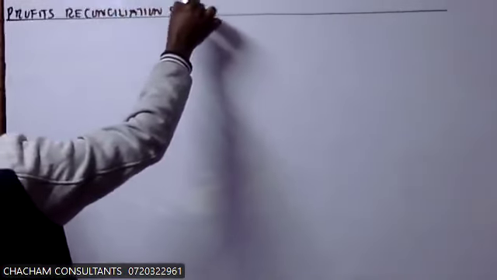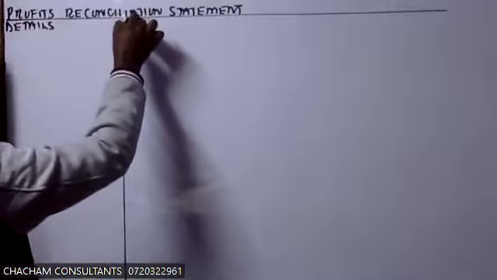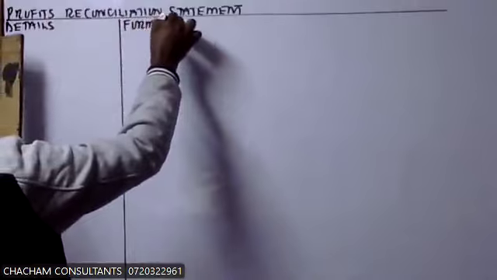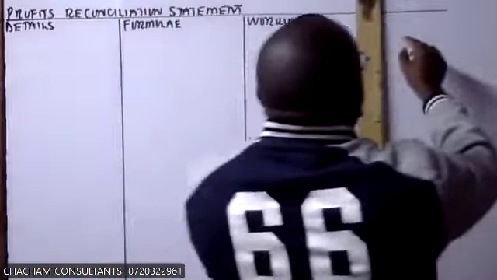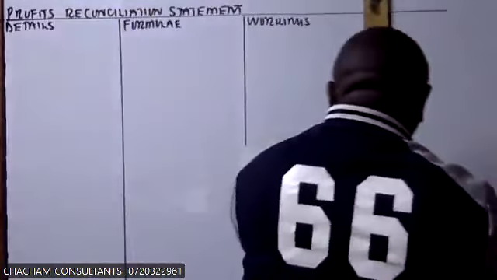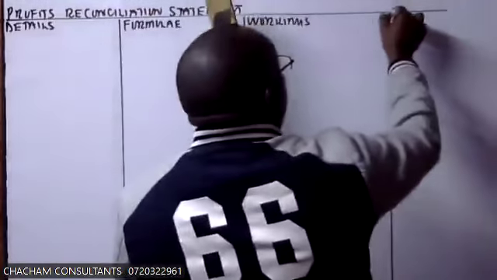Profit reconciliation statement. We normally have details here. Then we have the formula. We have the workings. And we have the amount.